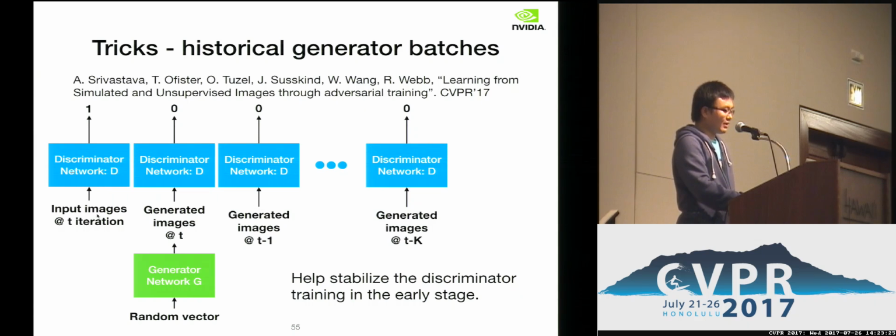So your discriminator has to classify real samples as 1, and for the current batch, it has to be 0, and for the previous batches, it also has to be 0, depending on how many you want to use. This historical batch has been found helpful in stabilizing the discriminator training in the early stage. In the later stage, if your generator converges to the true distribution, then the historical batches will be pretty much the current batches, so it does not affect the objective function.